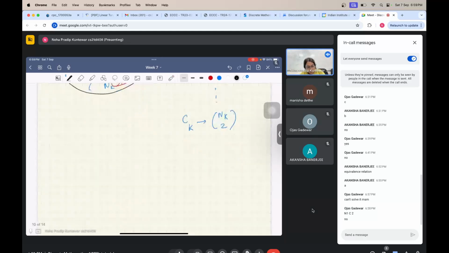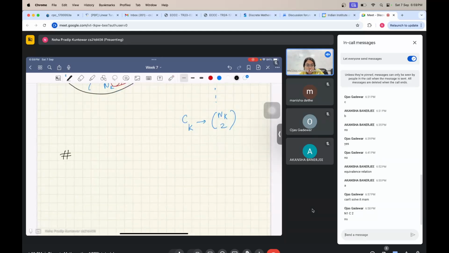So the total number of edges that you can have is, as Ojas said, can you complete the next step?